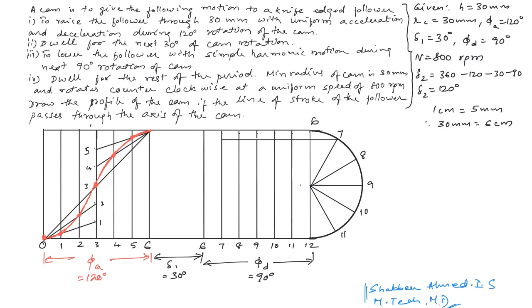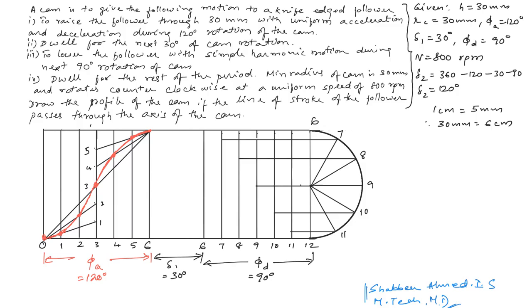Next from point 8 on the semicircle, draw a line up to 8. Then from 9 up to the 9th line. From the point 10 on the semicircle, draw up to the 10th line. Then from point 11, draw up to the 11th line.